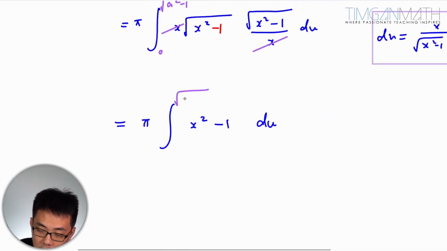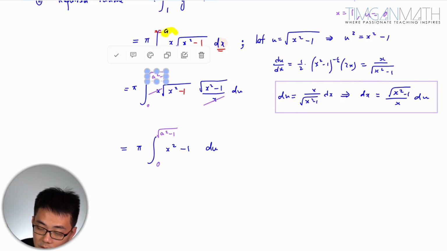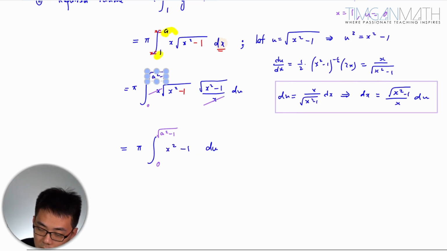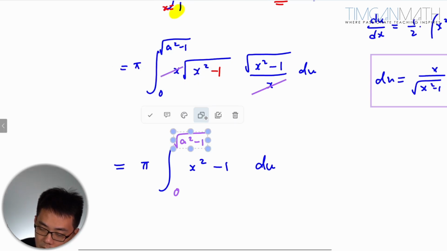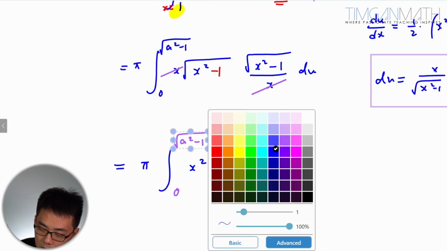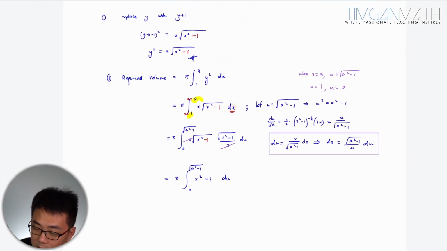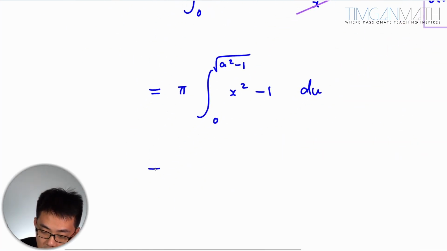Now take note, the x squared minus 1 needs to be changed to u squared as well, because we are integrating with respect to u. So this is u squared.